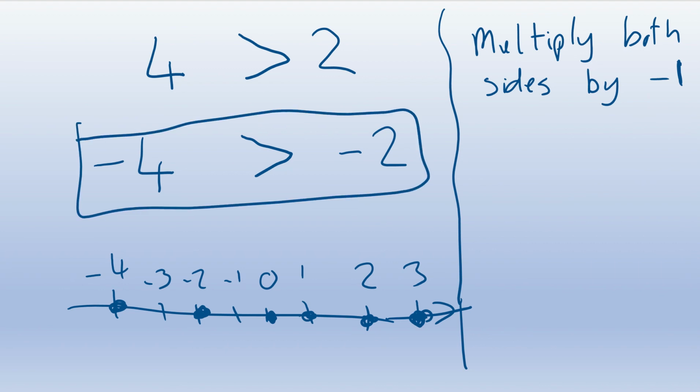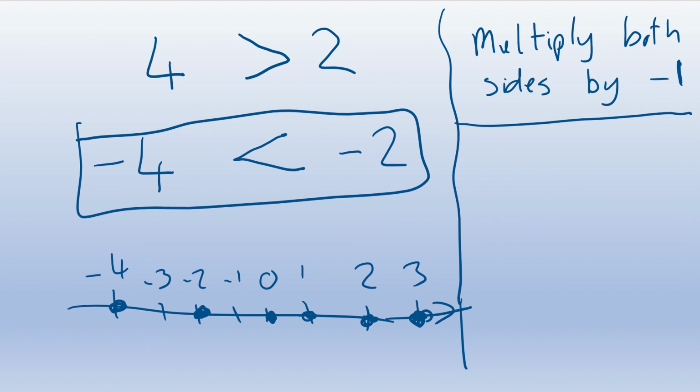In order to make this correct, our sign in the middle must change direction. So if you are multiplying both sides by a negative number, or dividing them by a negative number, it'll work the same way. You need to change the direction of your signs, purely because of the example that I've done here.